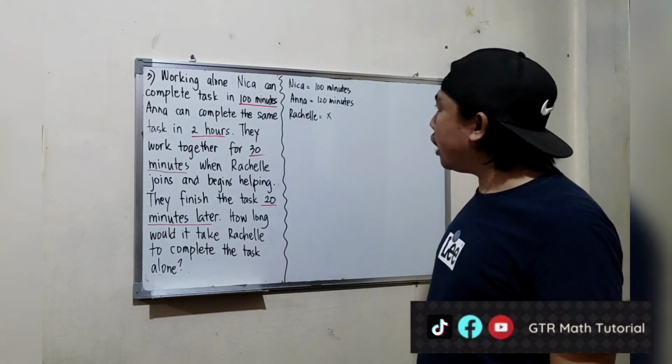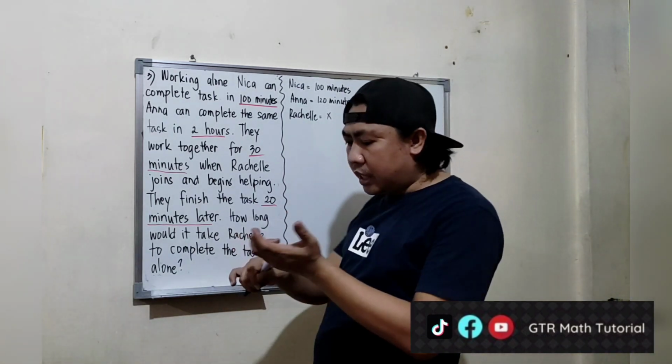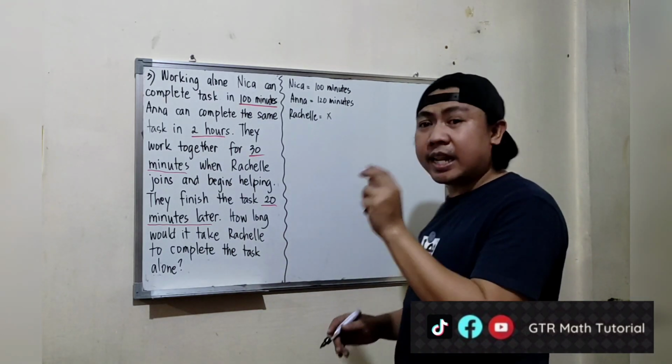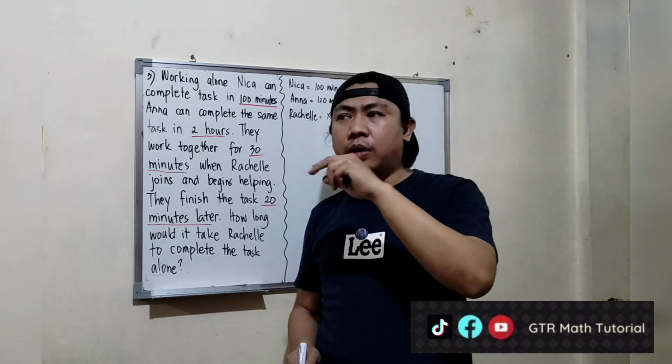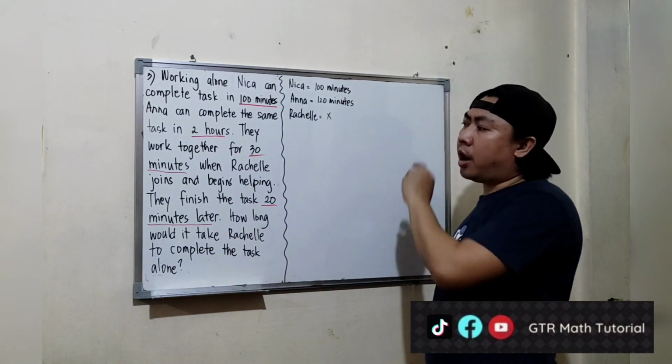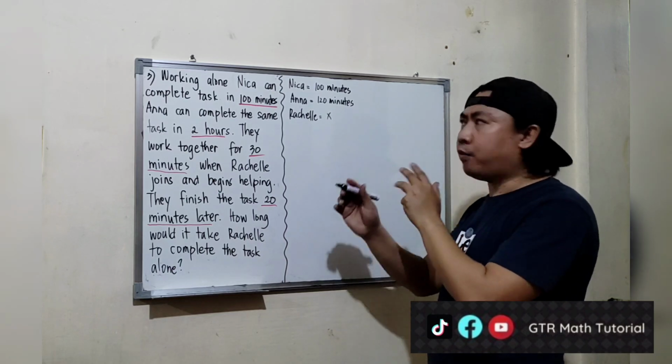Since meron tayong tatlong persons dito, ang formula na gagamitin natin ay dagdagan lang ng isa. So 1 over A plus 1 over B plus 1 over C equals 1 over X. Or mas magandang gamitin dito yung pangalawang formula.